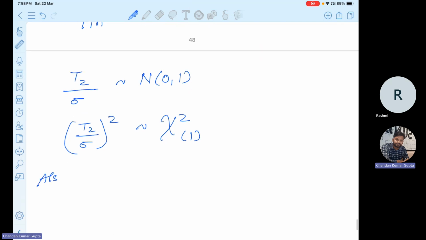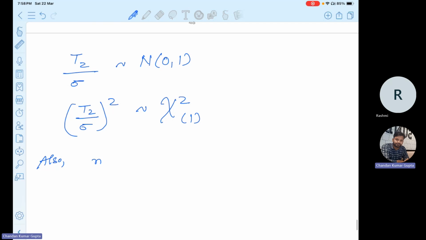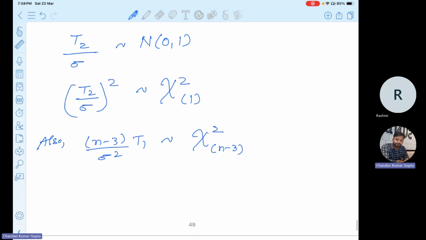Also, we have (n minus 3) upon sigma square T1. This follows chi-square distribution with n minus 3 degree of freedom. So we have two different chi-square distributions with their degrees of freedom.